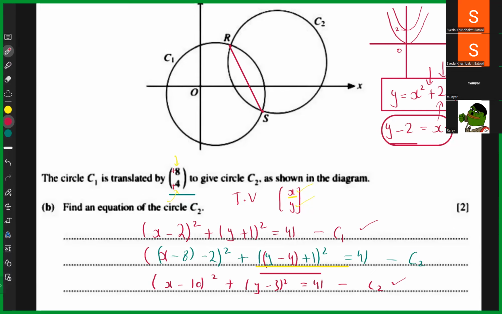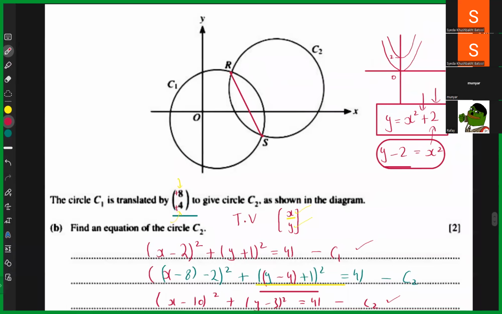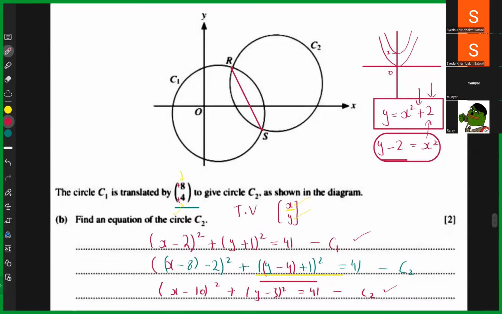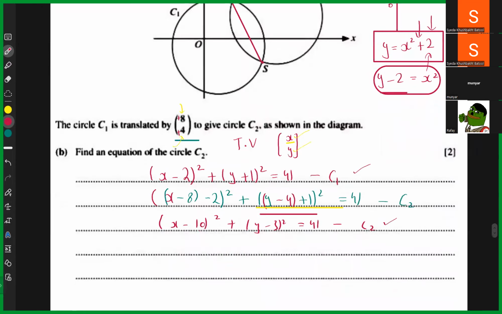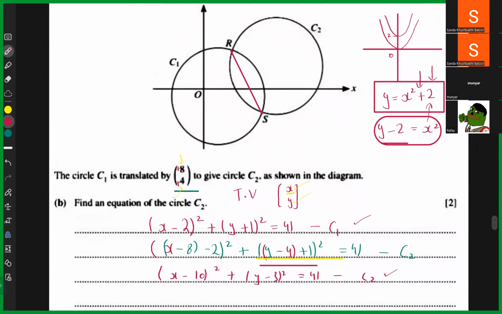Miss, we are going to equate them, right? Sorry, say it again. Miss, the question is asking for the coordinates of R and S. So we are going to equate both equations. Yes, that's right. You're going to equate both the equations and then solve them simultaneously. So here are both the equations for C1 and C2. Whatever method you're comfortable with, I don't mind any method.